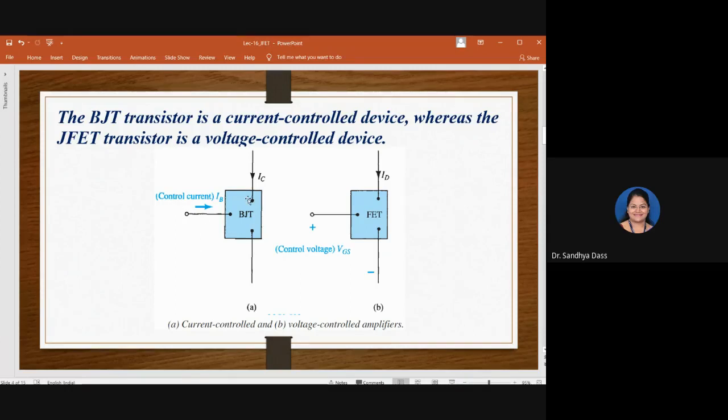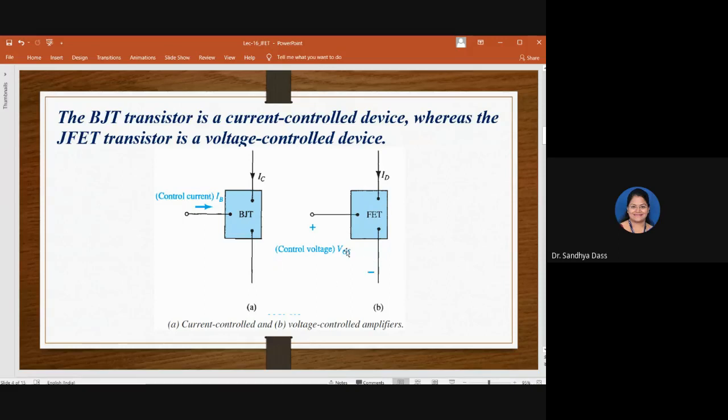If you recall, the output current in BJTs was the collector current, which was controlled by the base current. So the amount of base current applied would result in the collector current. In other words, the collector current, the output of the transistor, was controlled by the base current. So it was called a current control device, BJT.